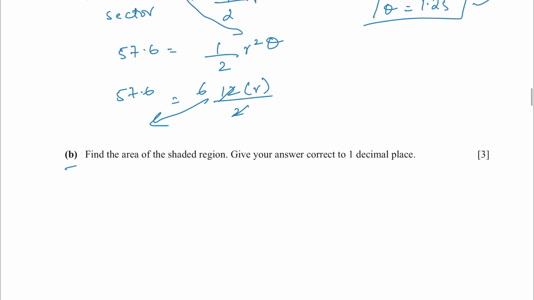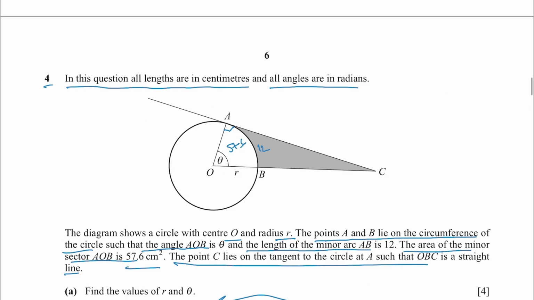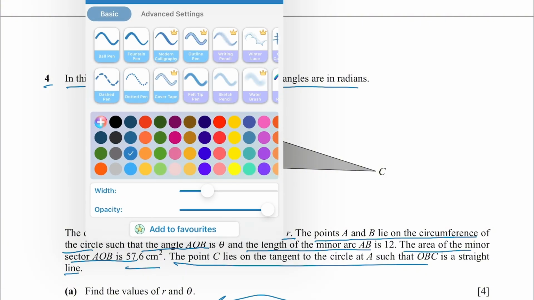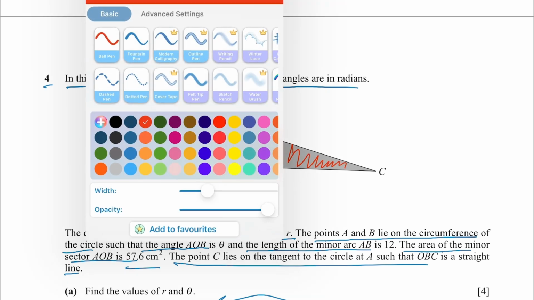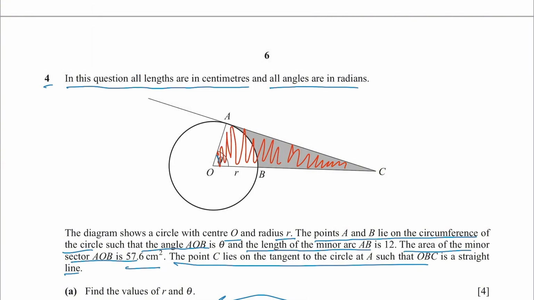Now moving on to part B, which is find the area of the shaded region, giving your answer correct to 1 decimal place. Now if you look at the question carefully, we need this area. So for this area, what we can do is simply take the area of the triangle, this whole triangle, and subtract the sector from it.